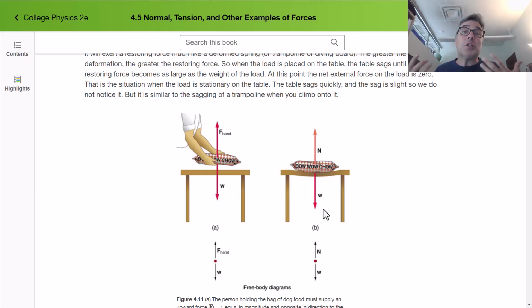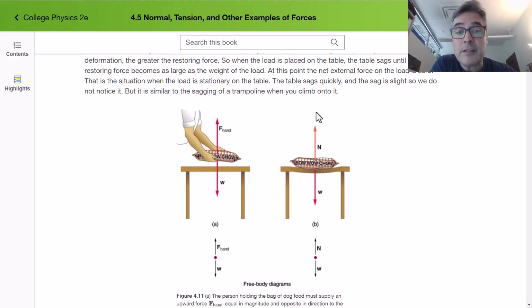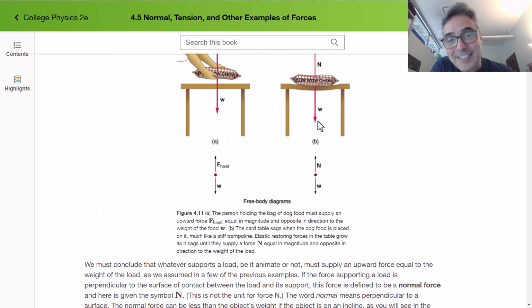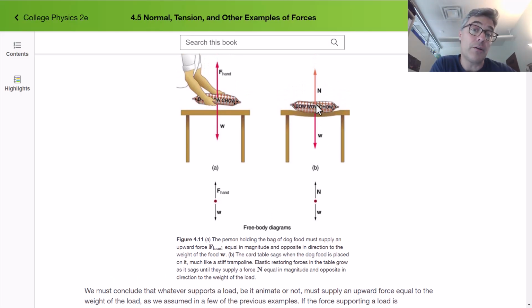Even a solid floor, when you're standing on it, always bends just a little bit, because the normal force is a self-adjusting force. It has to do with almost elastic constants in whatever surface you're standing on, so that it balances your weight. So it is important to distinguish. Weight is that downward force, which is mg, and the normal force, if the thing's at rest, is going to be pushing upwards with a force that cancels out the weight.